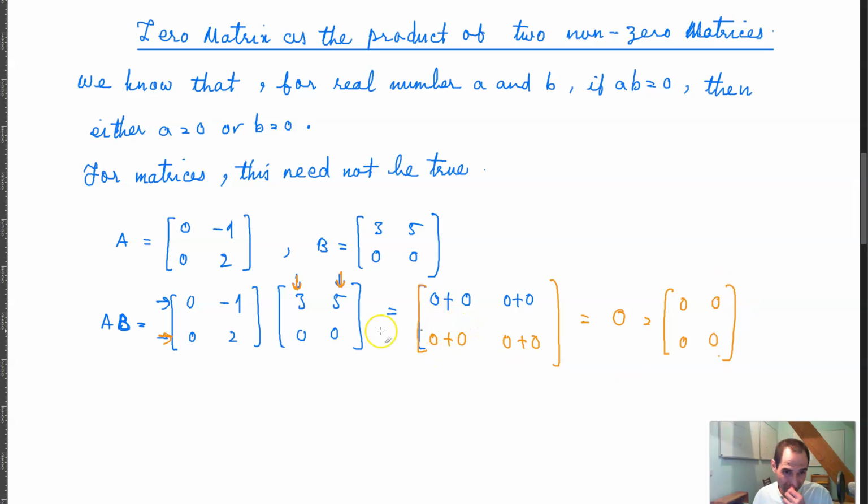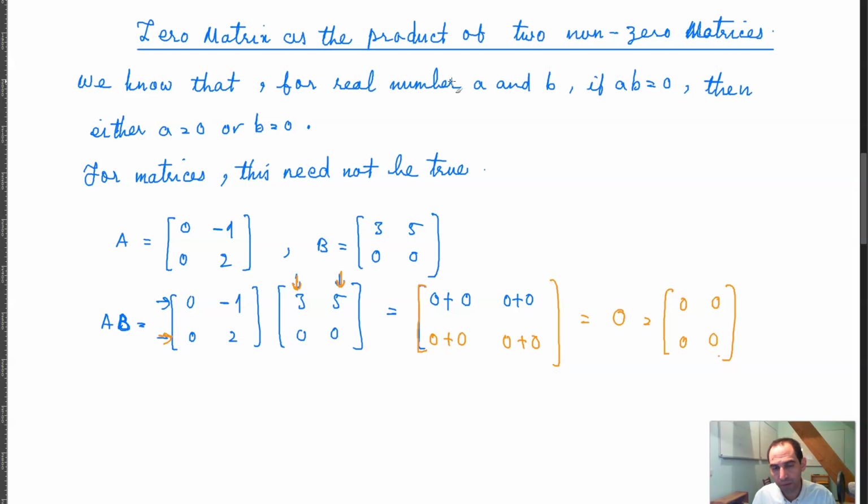So you can see that the product of the two matrices is actually 0, although none of the matrices is a zero matrix. So what that means is that in the case of real numbers A and B, A times B is equal to 0 only if either A is equal to 0 or B is equal to 0. One of them has to be 0.